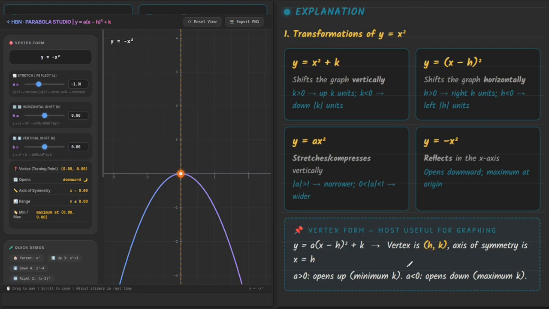You can also tell the axis of symmetry, and you can also tell whether it is a maximum or a minimum function. For now, we have to take this particular equation as it is. When we come to completing the square, we'll get to know how they are proved as well.